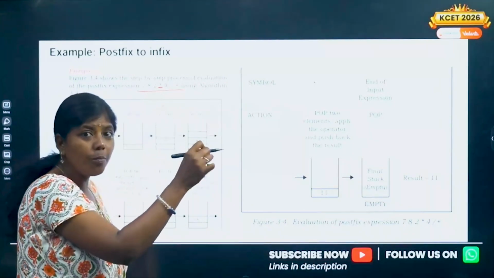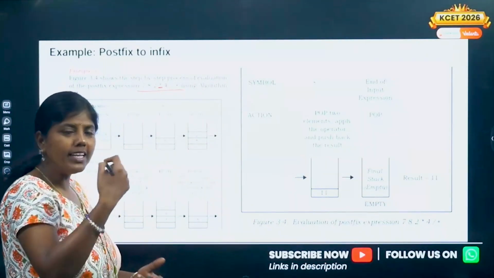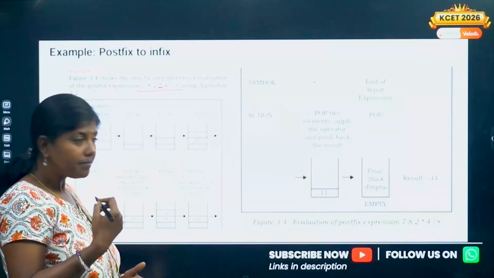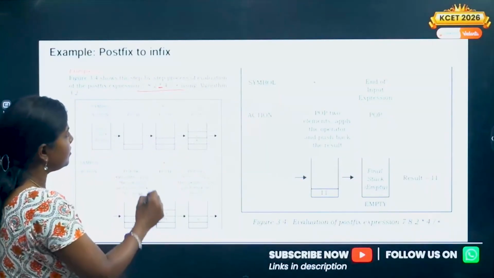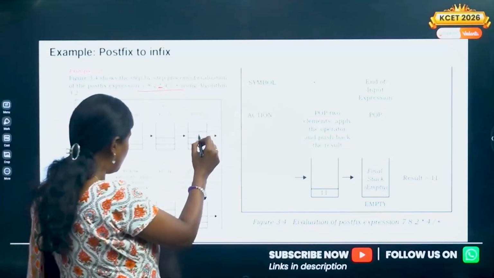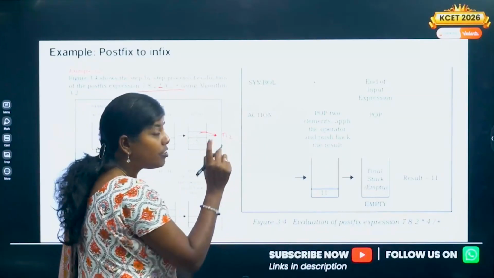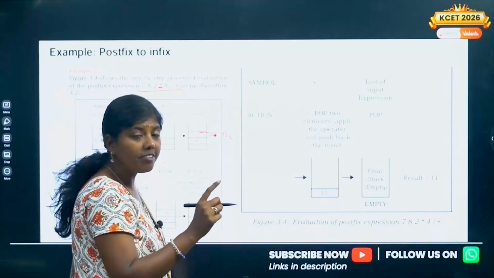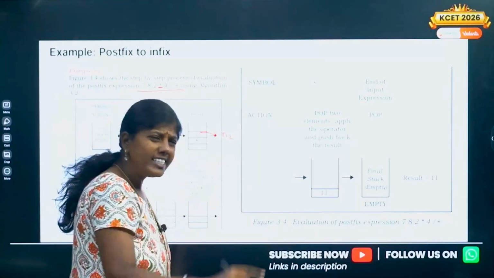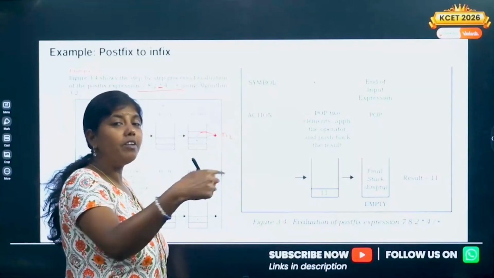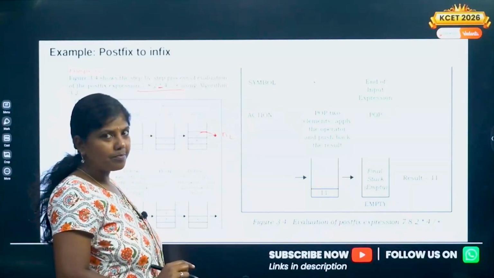When you get an operator, just pop the elements. We have 2 popped out; I'll store it as N2. Remember, you have to store it in a variable called N2, the second variable when performing an operation.